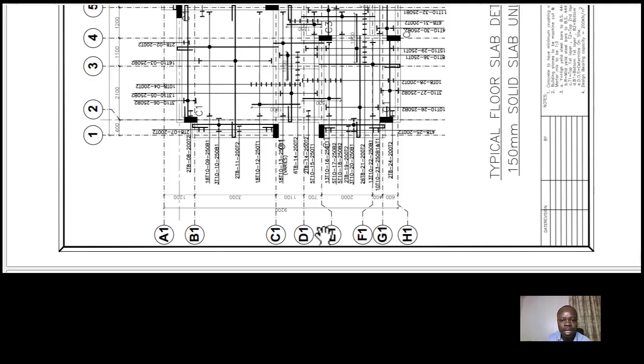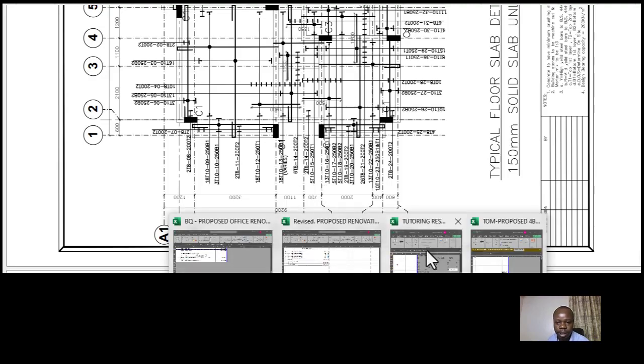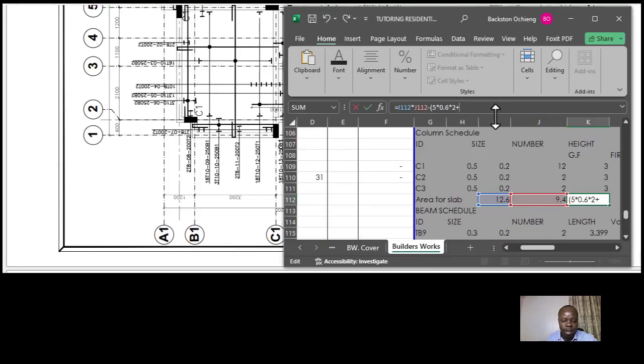But then 1800 is to the centers of the beams, so we need to subtract 0.1 times 2. So from the 1800 we remain with 1600, that gives us 1.6.